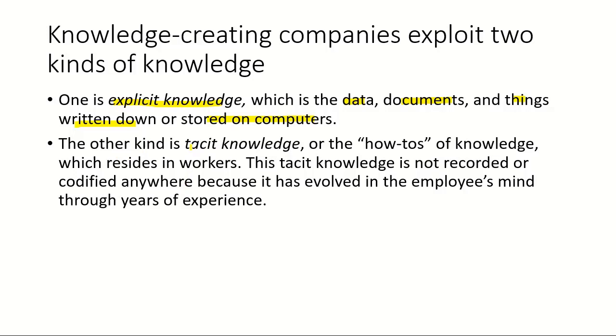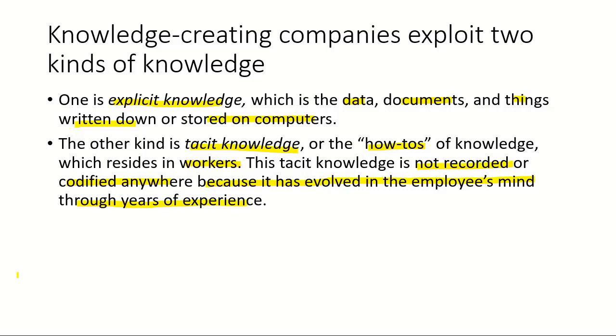The tacit knowledge is the know-how, or how-tos, which resides with workers. These are the skills of the workers. One of the problems with tacit knowledge is that it is not recorded or codified anywhere because it has evolved in the employee's mind through years of experience.